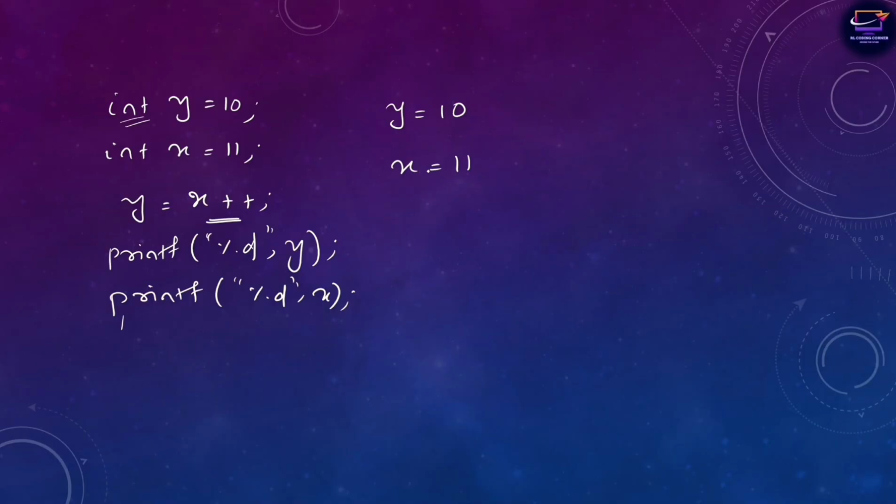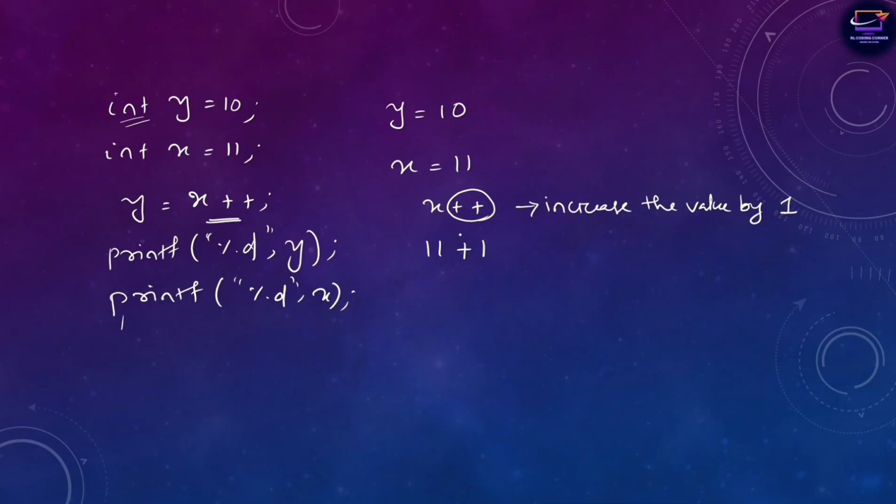Now y equals x plus plus, so in y what would be stored? x plus plus means 11 plus 1. Plus plus means increment, increment means it increases the value by 1.